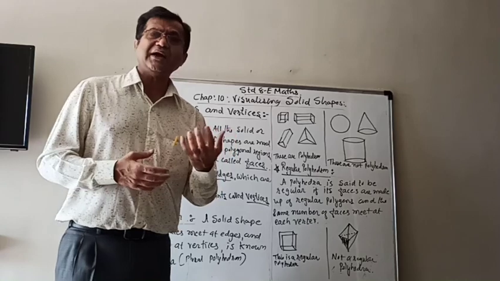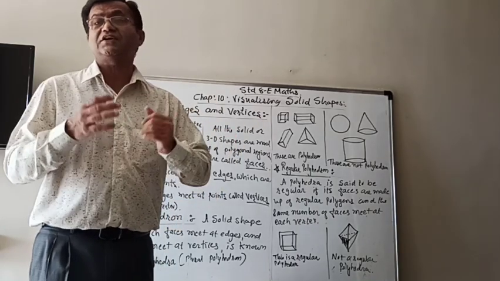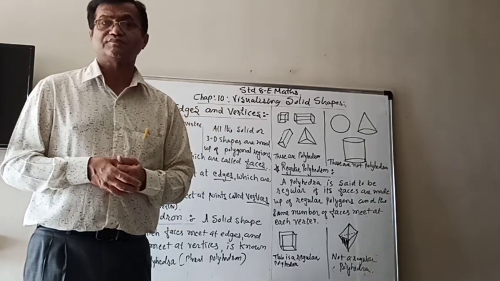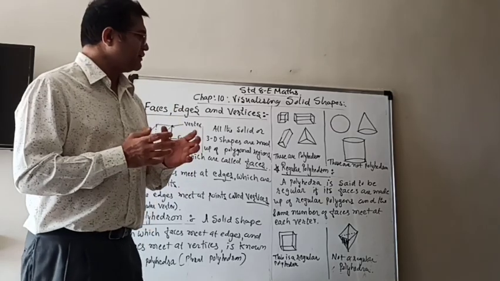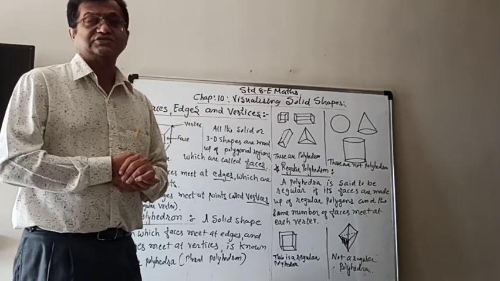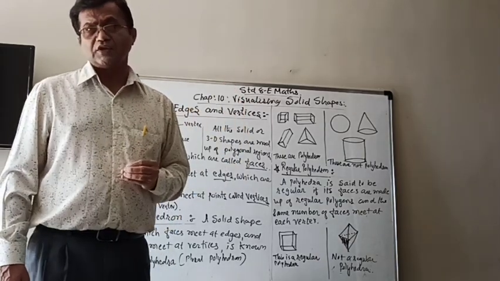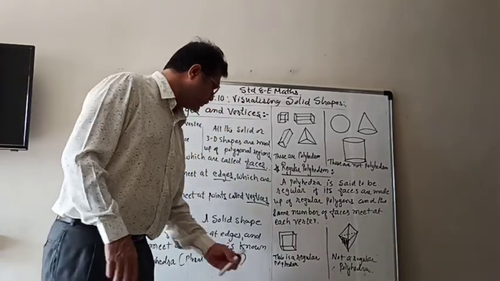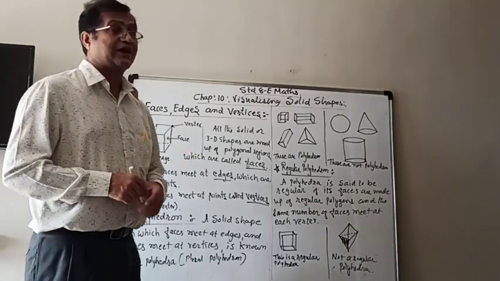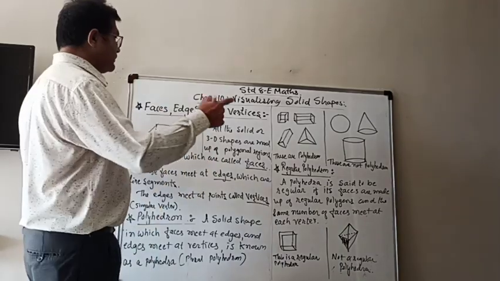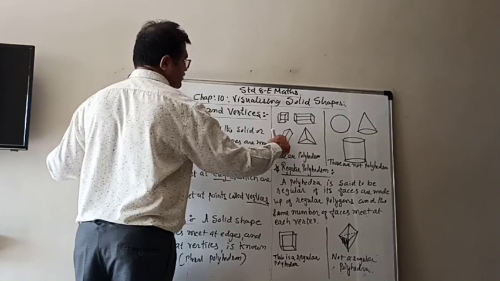Now polyhedra can be convex and concave also. But we have only the knowledge about the convex polyhedra, so we are not worried about polyhedra which are concave. For example, these are all convex polyhedra.